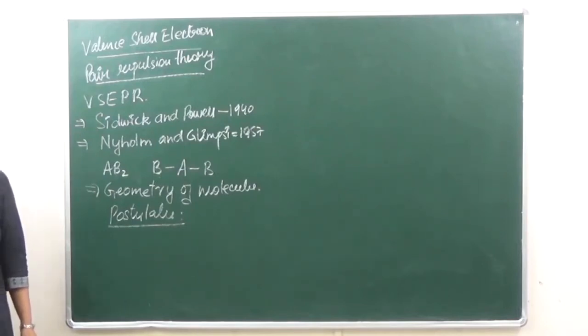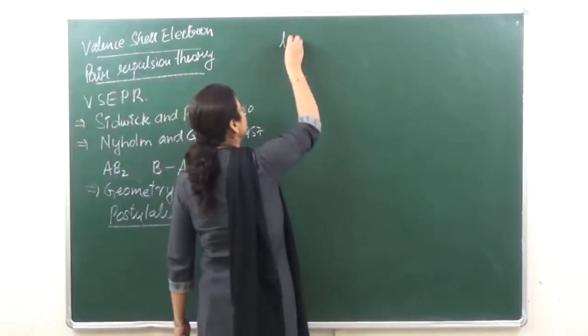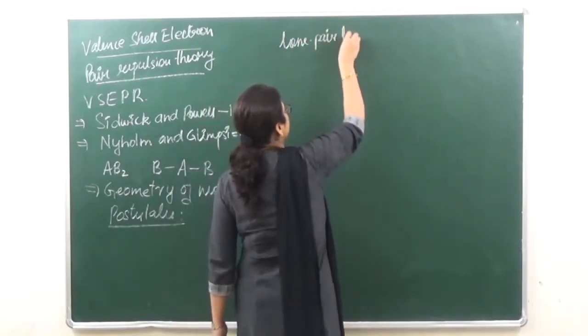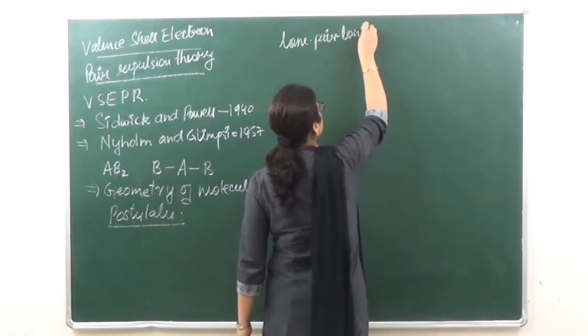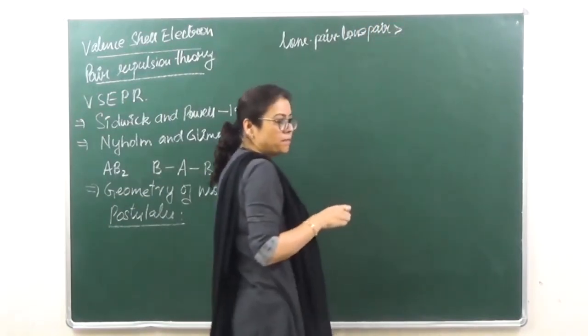Follows the given order. That is, repulsion between lone pair and lone pair, that is going to be maximum.